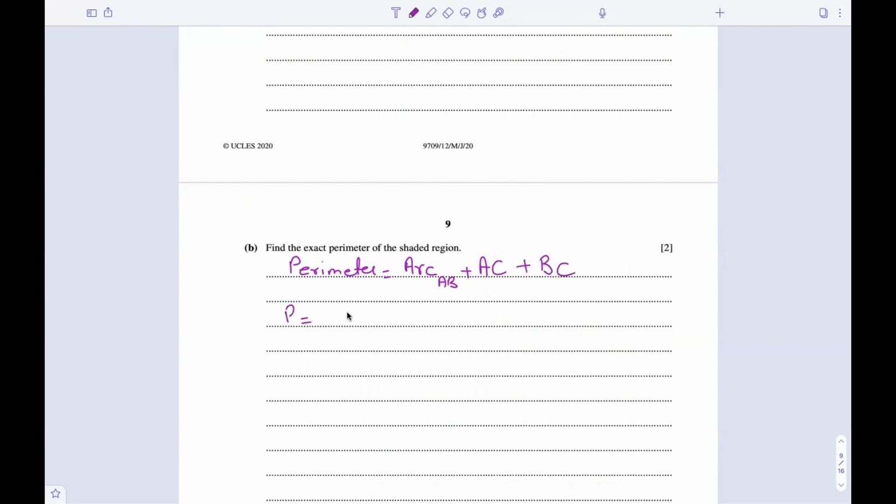So perimeter is equal to R theta. So the radius is 2R times theta, which is 1 upon 6 pi, as we know that the arc length is given by S equals R times theta, plus the length AC is R and the length BC is given as R times root 5 minus 2 root 3.